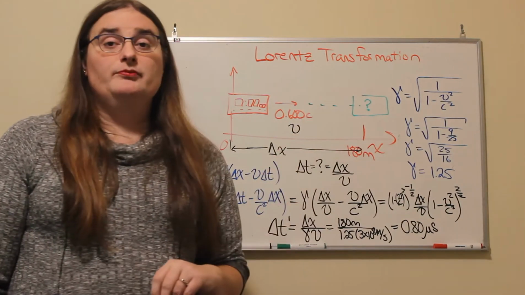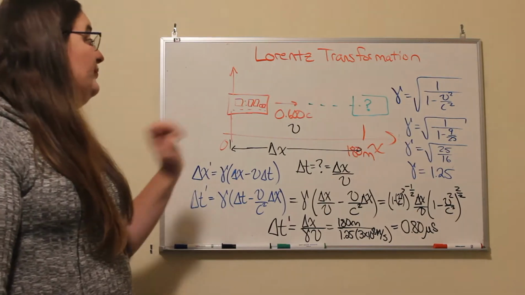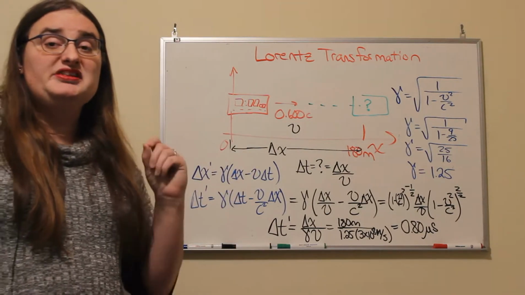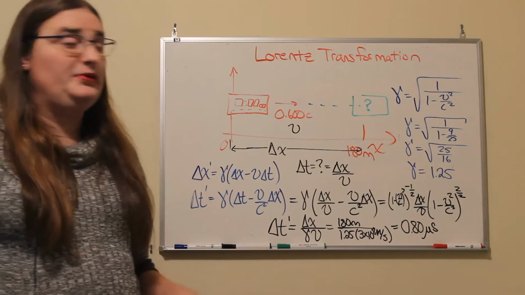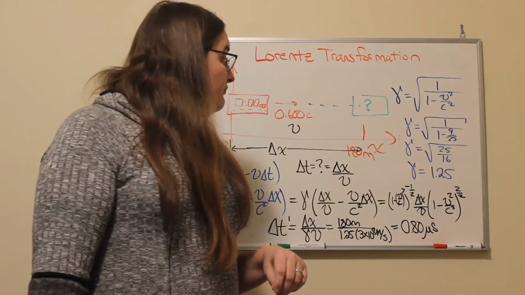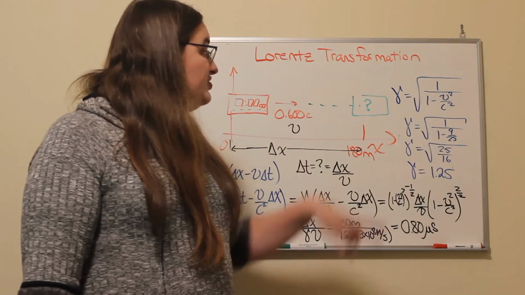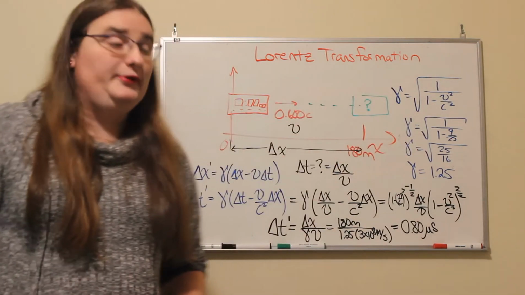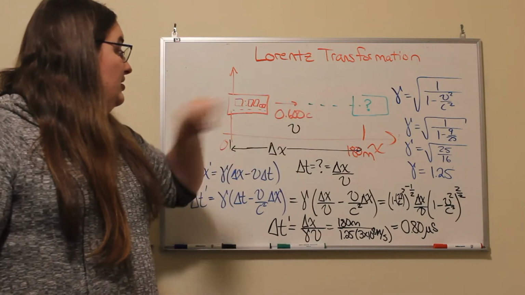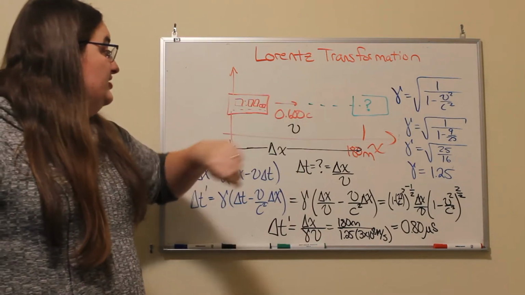Well, anytime we're dealing with relativity, one of the first things we're always going to need to do is calculate our Lorentz factor gamma. 1 over the square root of 1 minus v squared over c squared. So, 6 tenths is 3/5.